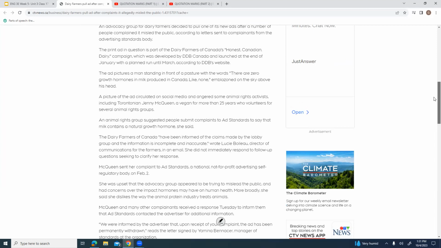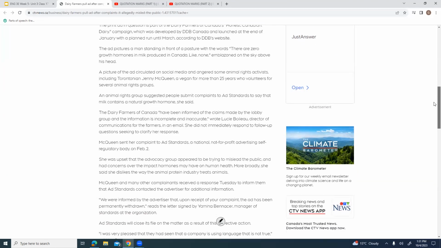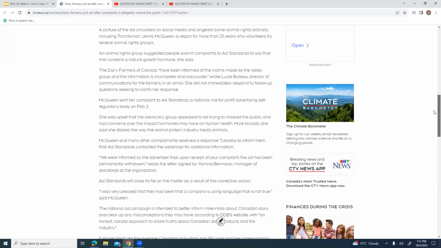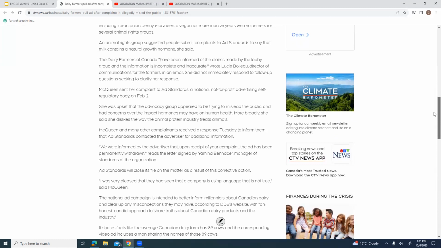McQueen and many other complainants received a response Tuesday to inform them that Ad Standards contacted the advertiser for additional information. We were informed by the advertiser that upon receipt of your complaint, the ad has been permanently withdrawn, reads the letter signed by Yamina Benacer, manager of standards at the organization. Ad Standards will close its file on the matter as a result of this corrective action.